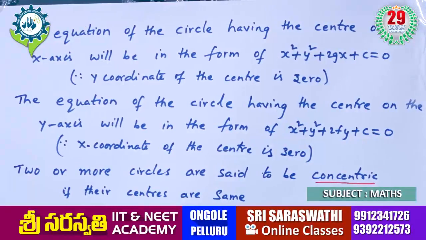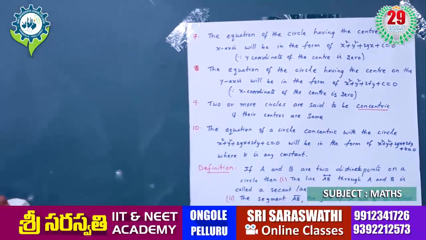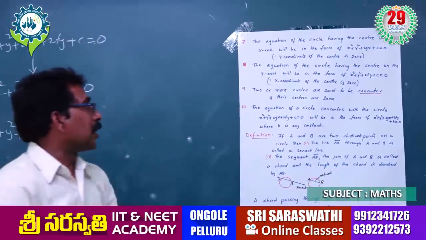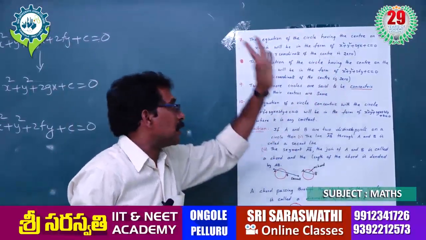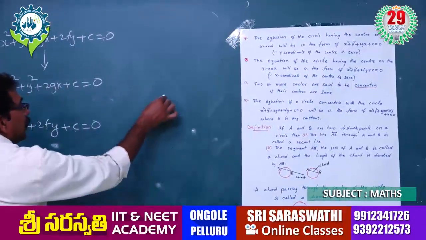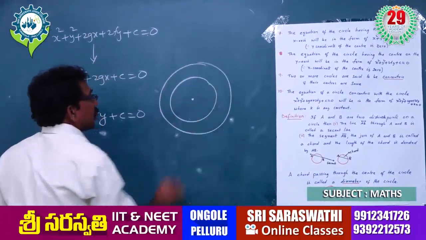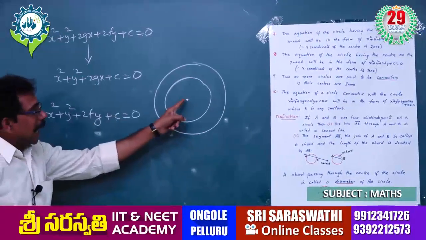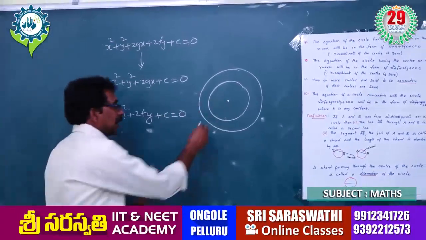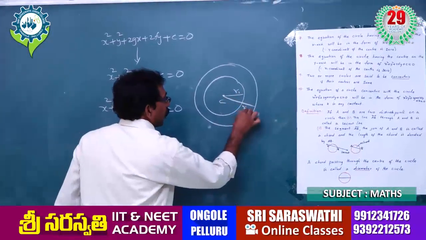Means radius must be different and centers must be same. Then those circles are known as concentric circles. See, these two circles are concentric circles because these two circles have same center C but radii are different.